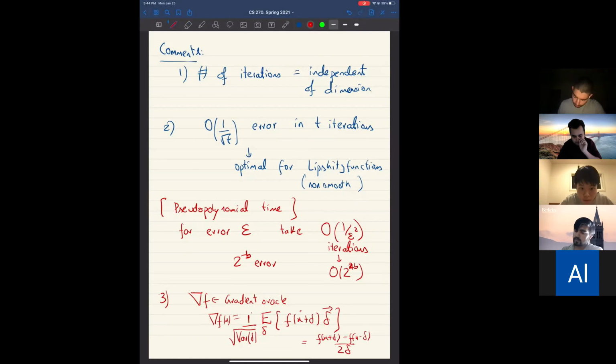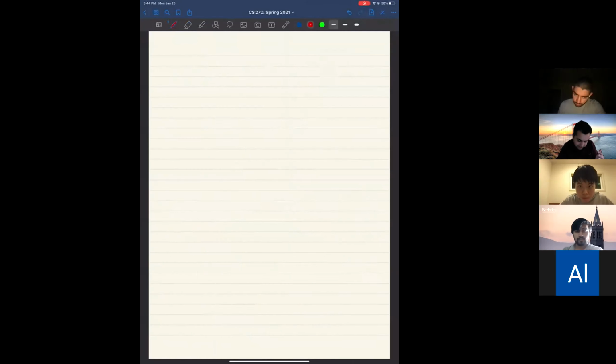the gradient. And also you can even have a randomized estimate for the gradient. And that brings us to what's one of the most widely used things nowadays, which is stochastic gradient descent. In stochastic gradient descent, you don't have the gradient, but you have an estimator for the gradient.